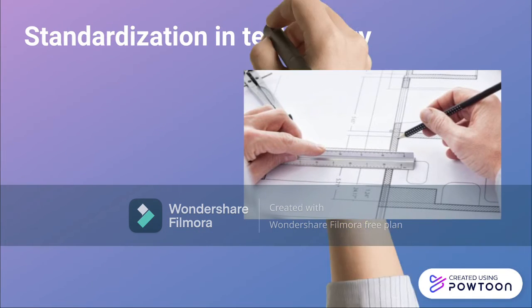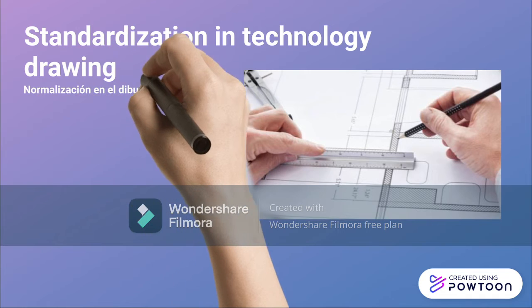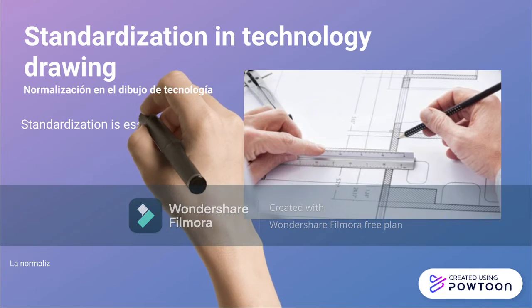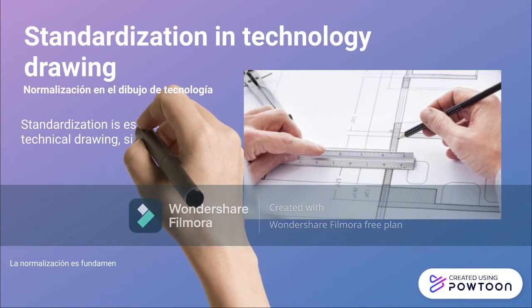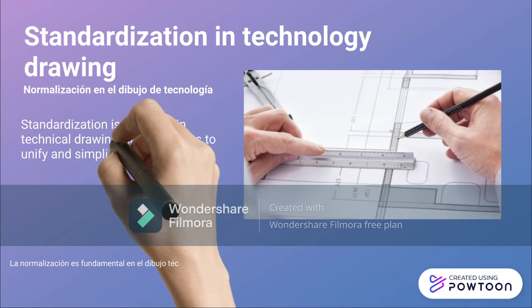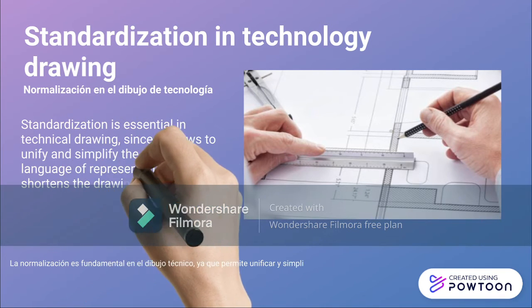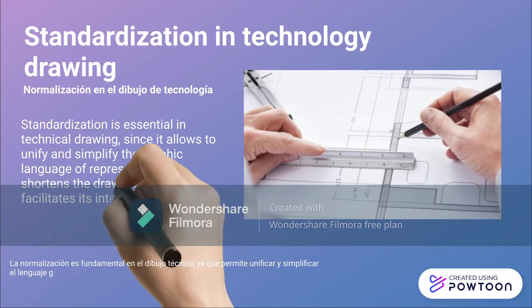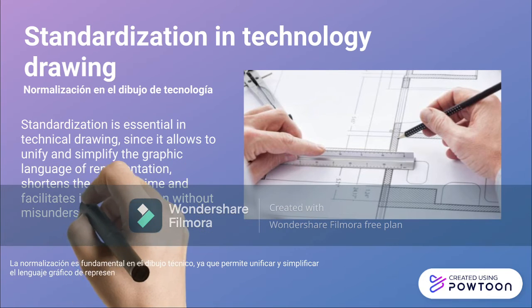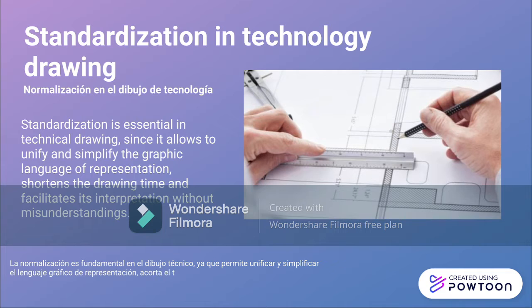Standardization in technical drawing. Standardization is essential in technical drawing since it allows us to unify and simplify the graphic language of representation, shortens drawing time and facilitates its interpretation without misunderstanding.